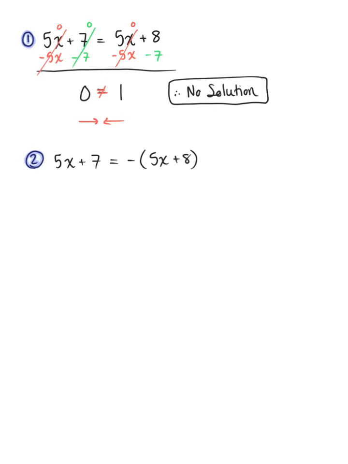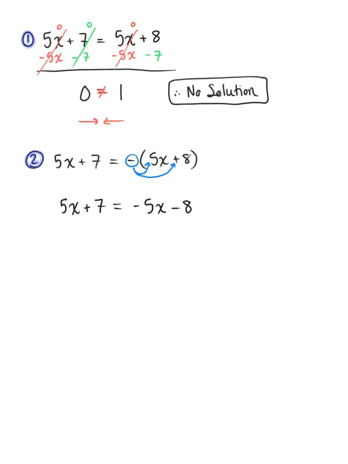So again, we need to solve for x. Now, to get us started, the first thing we need to do is distribute this negative through to both terms on the right-hand side. So we are left here with 5x plus 7 is equal to negative 5x minus 8.